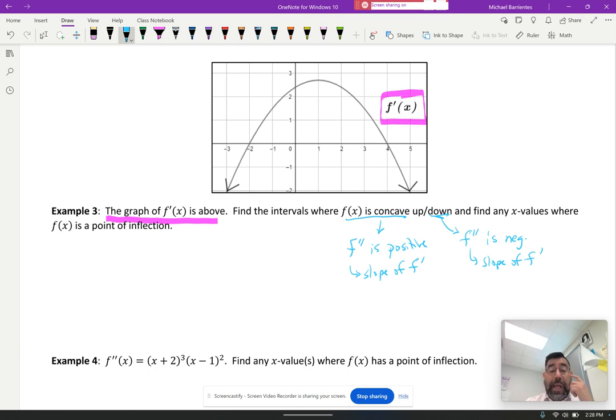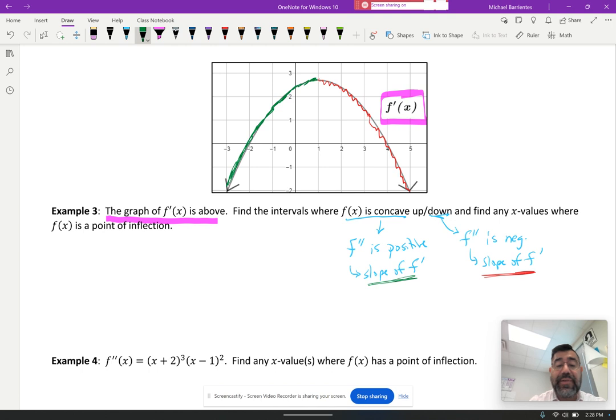So I know that the slopes are positive in this section all the way until the very top, and my slopes are negative in this section all the way to the very bottom. So if the slopes of f prime are positive and negative, that means the second derivative values are positive and negative, and that is where f of x is concave up, and that's where f of x is concave down.